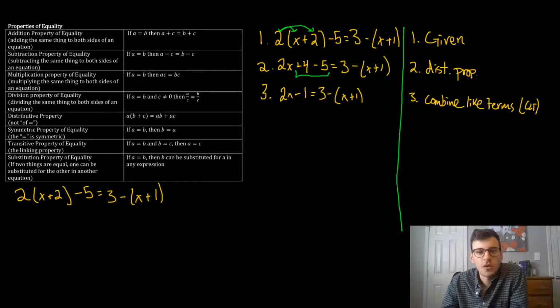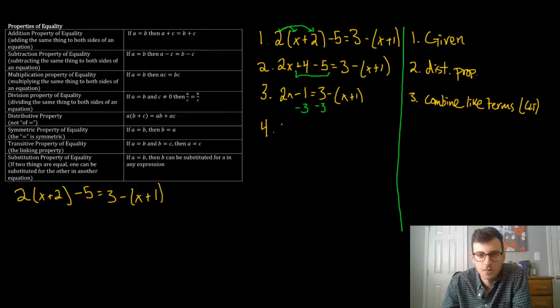All right, so now I'm seeing 2x minus 1 equals 3 minus x plus 1. I kind of like moving this 3 over, right? Subtracting 3 from both sides. So if I'm subtracting 3 from both sides, what property is that? Well, it's the subtraction property of equality.